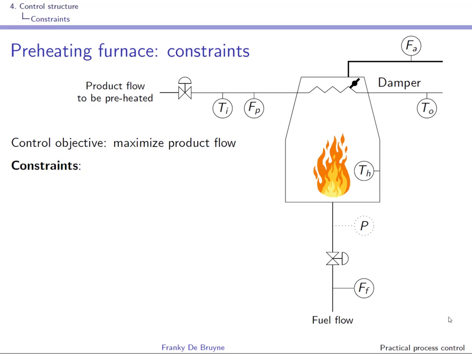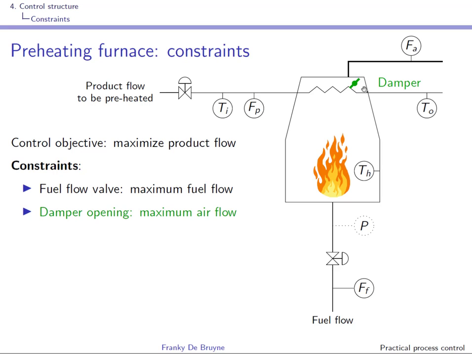We can now have a look at all the constraints that are present in this preheating furnace. The first constraint is rather obvious. It is related to the maximum opening of the fuel flow valve, here given in green.